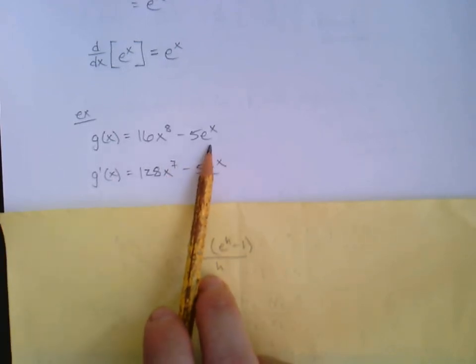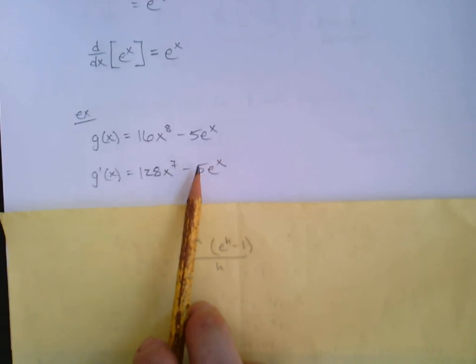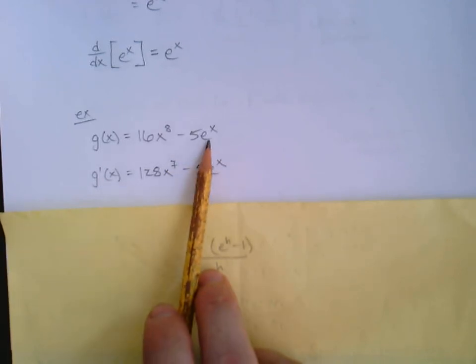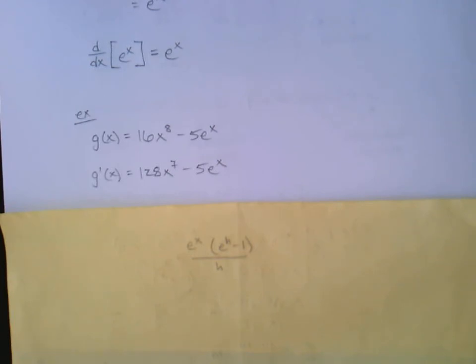And then 5 e to the x, we've got the minus comes down. The 5, constant multiple, it just carries along. And the derivative of e to the x is e to the x. So there it is right there. G prime of x equals 128 x to the 7th minus 5 e to the x. That's it for 3.1.